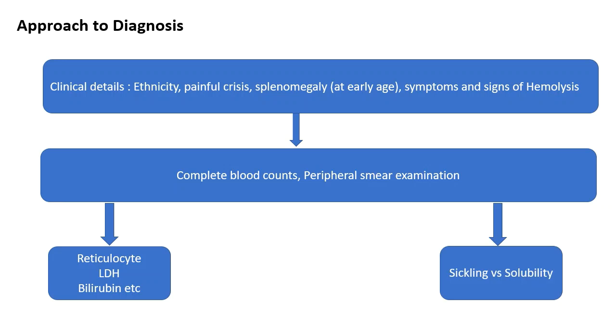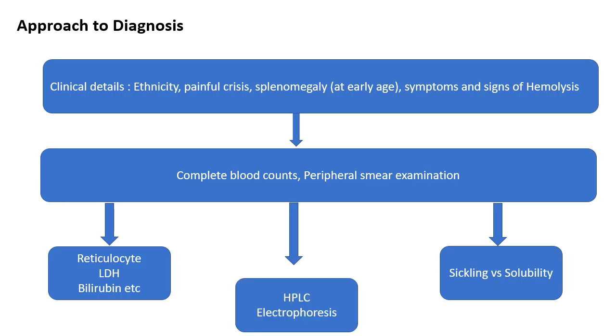must be ordered. In case there is a suspicion of sickle cell anemia or sickle cells are seen on peripheral blood smear examination, you can go either for sickling or solubility test or HPLC and electrophoresis. So this is the usual approach to diagnosis of sickle cell anemia which is followed in our country.